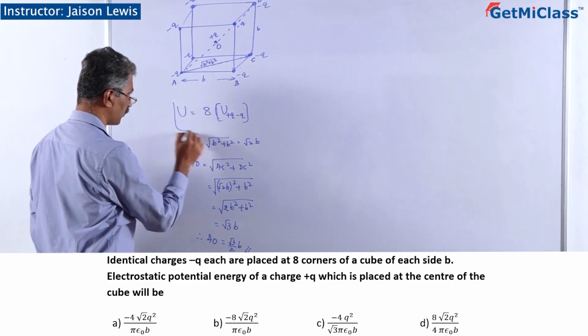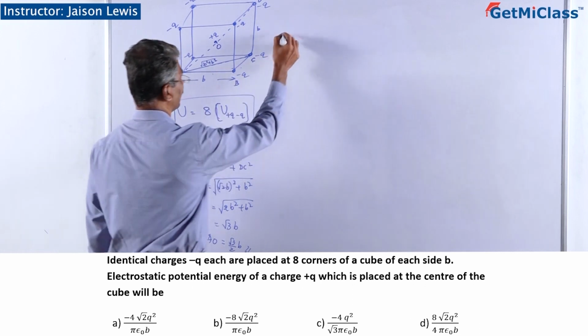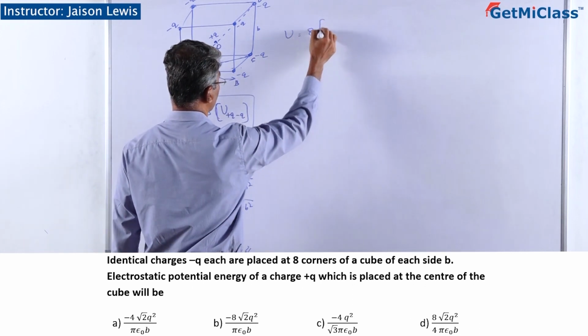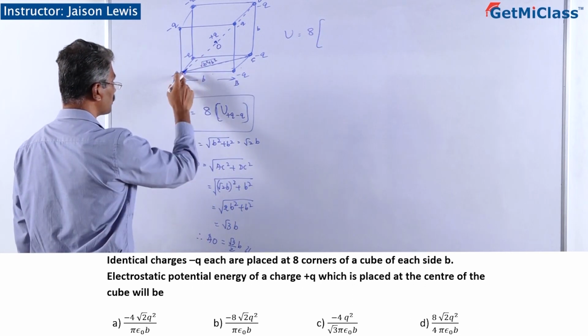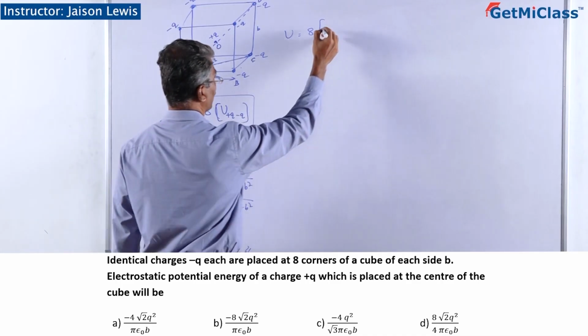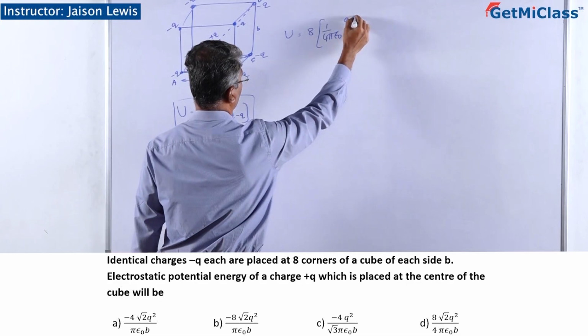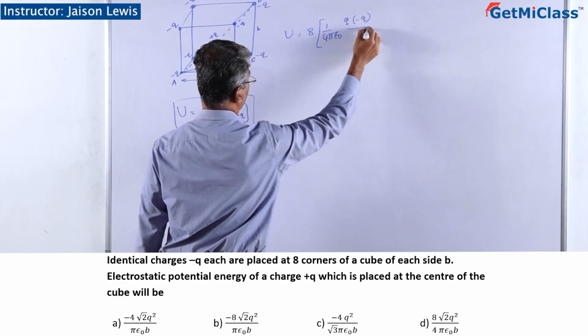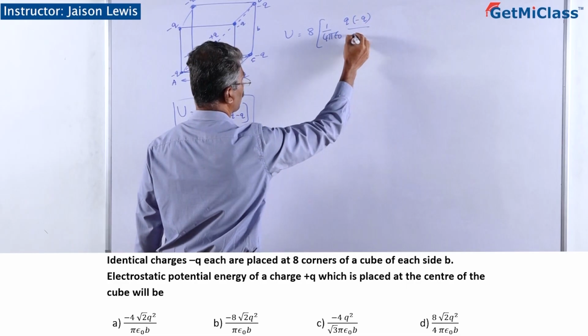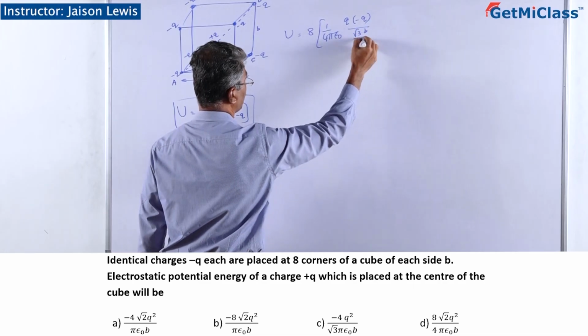Therefore, if you substitute for energy, the total energy is given by 8 times the energy between the 2 charges, and that is given by 1 by 4 pi epsilon naught, Q into minus Q divided by the distance AO, root 3 B divided by 2.